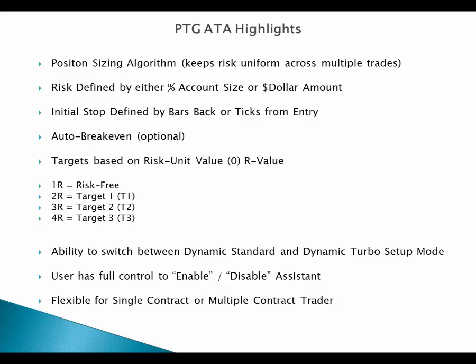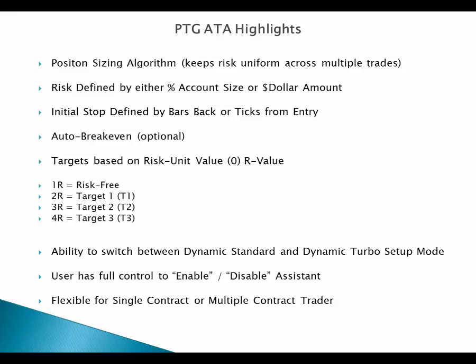The targets that we have built in are based upon risk units, and as it's listed here, 1R, 2R, 3R, and 4R are basically the risk-free level, 1 hour value, and targets 1, 2, and 3. And there is the ability to switch between dynamic standard mode and dynamic turbo mode setup.